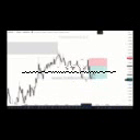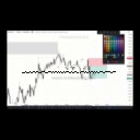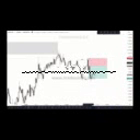Because the market took out this first inducement. After taking out this inducement, this low is confirmed here and this high is confirmed here. So this is our new structure, and in this case the market did not close below it.